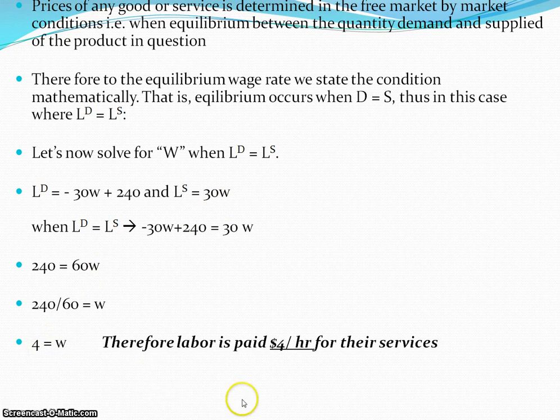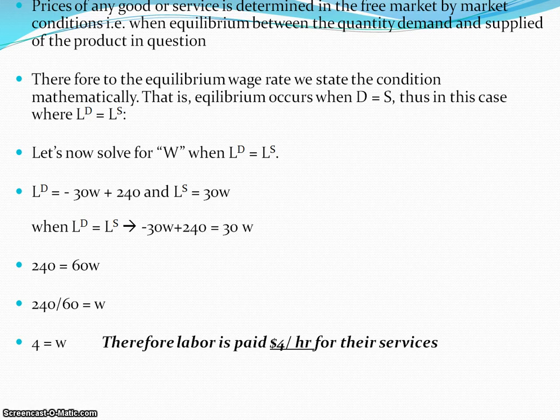So what we're saying is that labor is paid $4 per hour when the price of wages, or the price of labor, is allowed to be determined freely in market conditions. So we move on now to answer the other questions of what will actually happen when the equilibrium price is disturbed, meaning an intentional price is set that was not determined by the market but may have been set by the government.